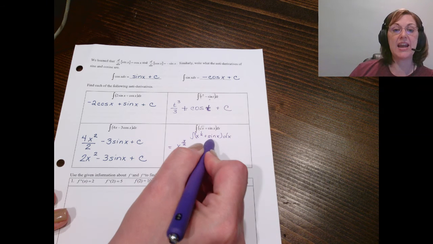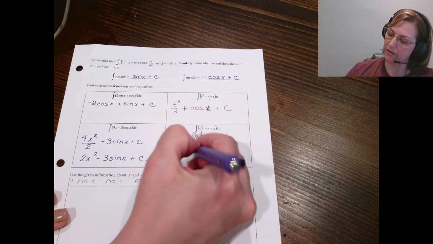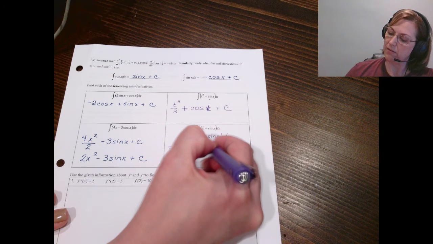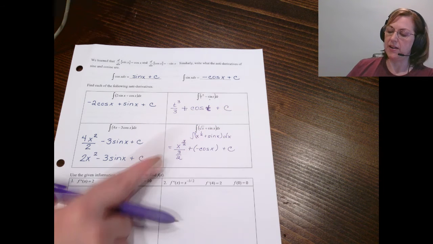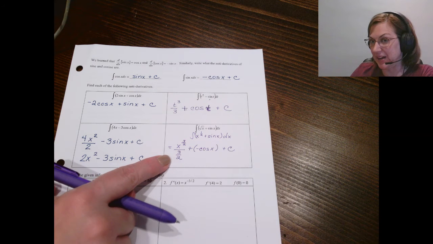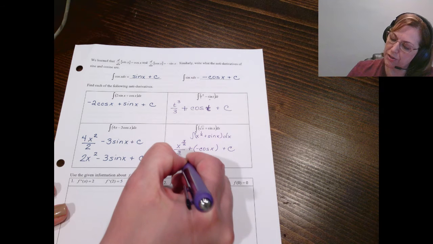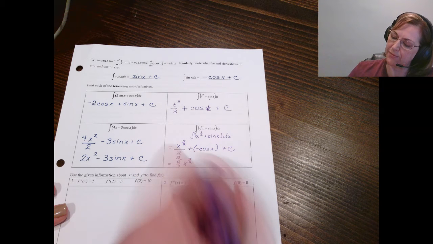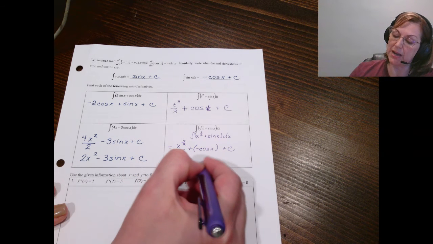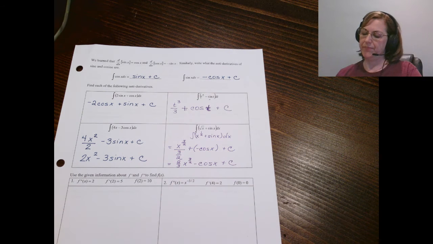Plus, and then the antiderivative of sine is negative cosine. Okay, now remember, dividing by 3/2 is going to be the same as flipping it and multiplying. So that becomes 2/3 x to the 3/2. I'll write this as minus cosine x plus c there.